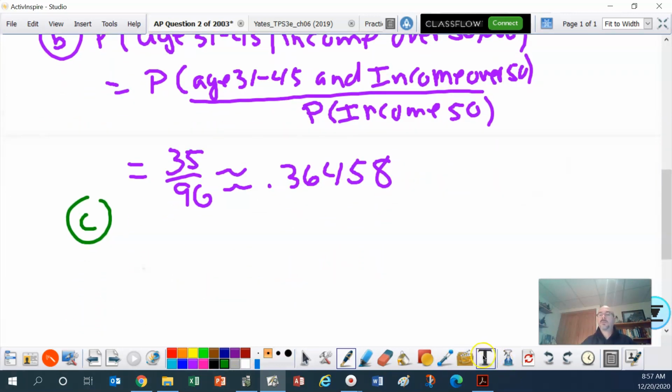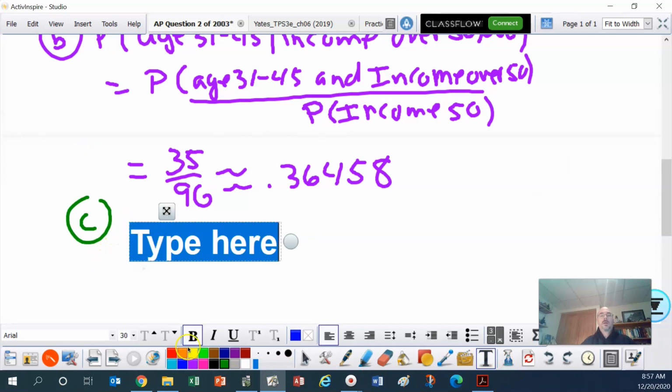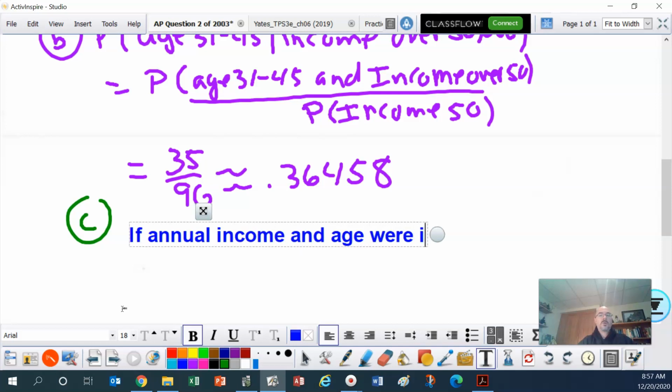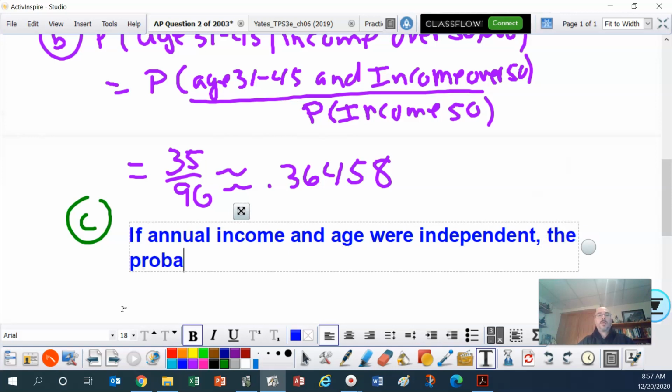I'm going to type this one out instead of writing it out. All right, make that a little smaller. So, if annual income and age were independent, the probability in A and B would be equal.